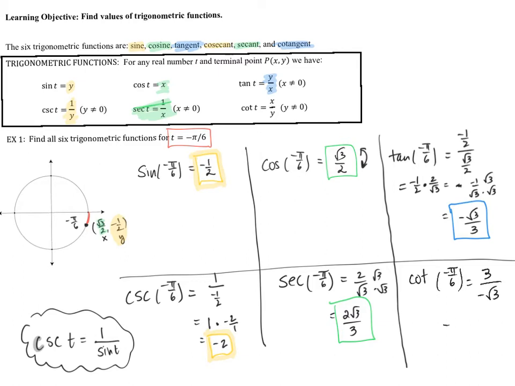And then we'll simplify that, rationalize the denominator. So we'd have 3 root 3 over negative 3, and our 3's divide to 1, so it's just negative root 3. And that is how you find and evaluate your 6 trig functions. So it all comes back to the terminal points on the unit circle.